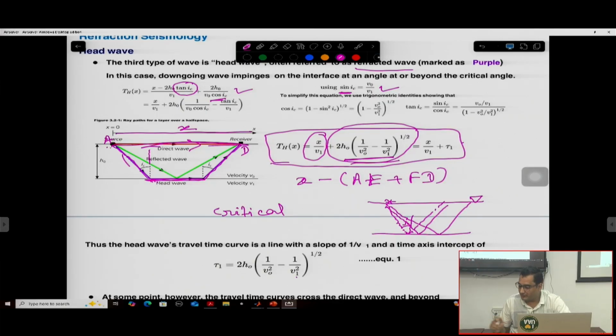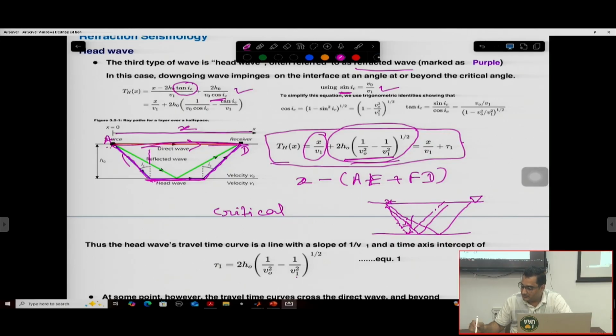The smallest angle at which the head wave starts to appear, because for critical refraction you need a certain angle after which the energy will start to completely reflect back.